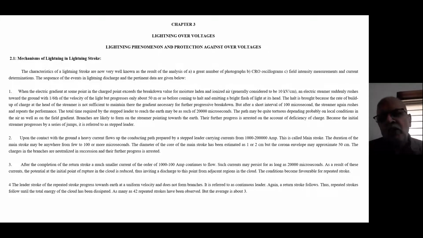You can think of digging a pit 8 feet deep. For laborers, it takes 4-5 hours or a day. This is within 1 microsecond. So enormous energy is there in a lightning stroke.